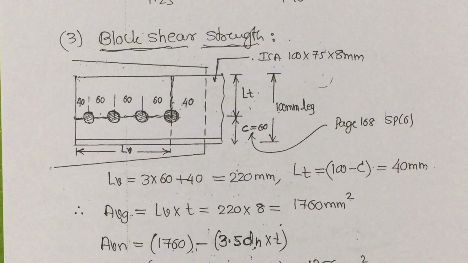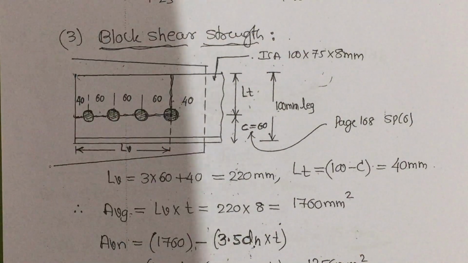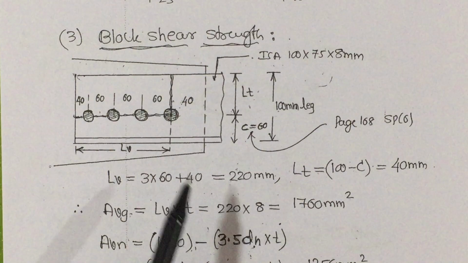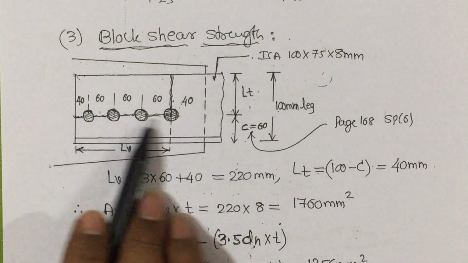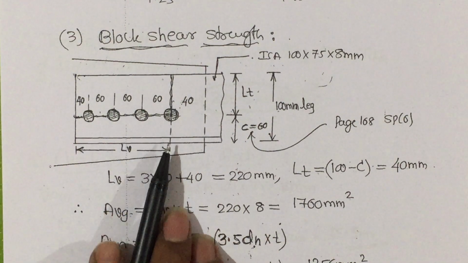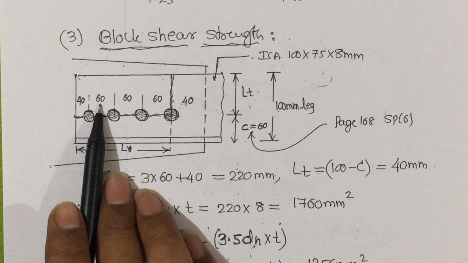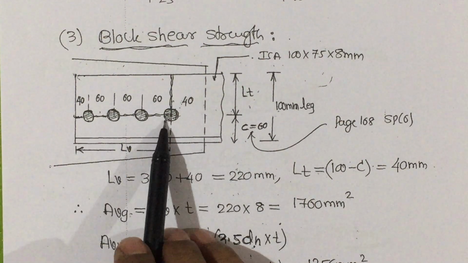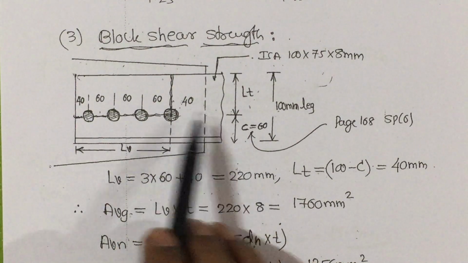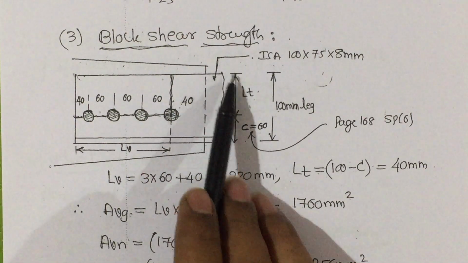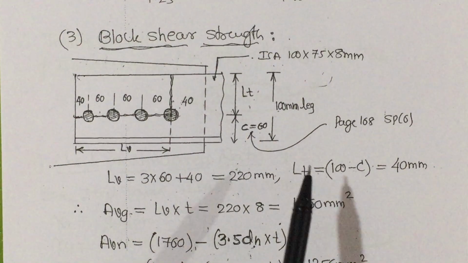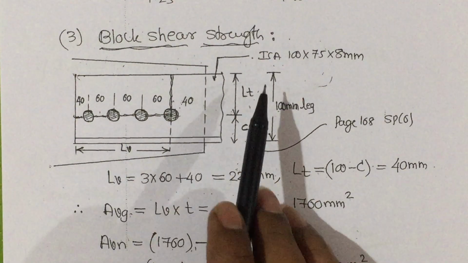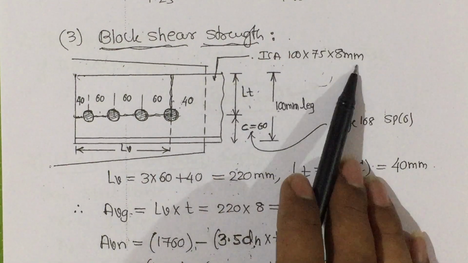Then check for block shear strength. These are the 4 bolts provided, pitch is 60, edge is 40. From the bottom to the center of the bolt, it is C, above that it will be Lt. So it is a 100 mm leg length, connected leg.